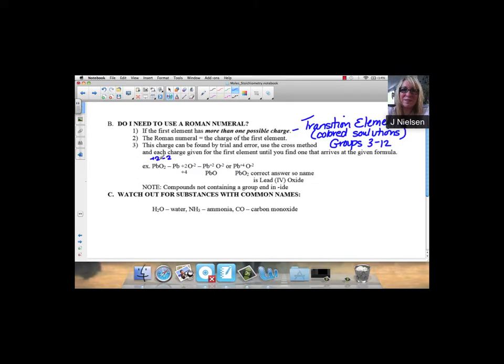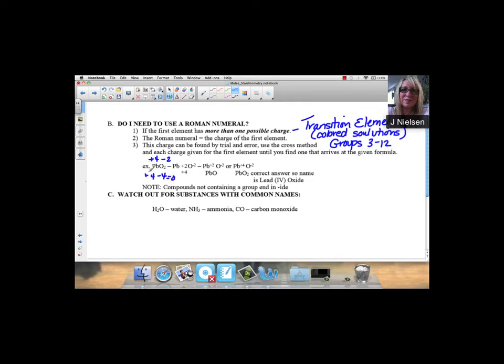So chances are then it wasn't plus 2, it was plus 4. And we'll see why. If this is plus 4 and oxygen is minus 2, then negative 2 times 2 is negative 4, and plus 4 gives us 0.